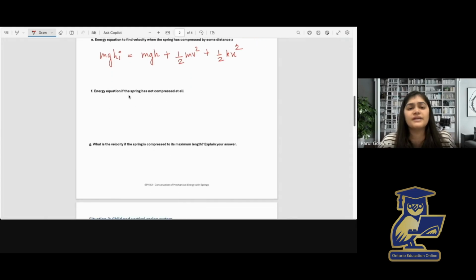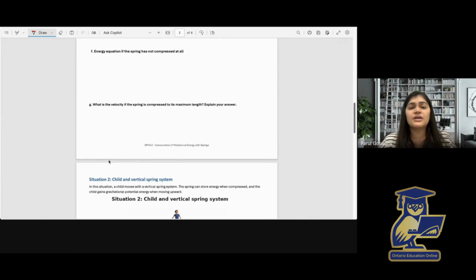Now we have to write the energy equation if the spring has not compressed at all. Of course, if the spring has not compressed at all, it means x equals 0, so elastic potential energy is 0. No compression means x is 0, which implies half kx squared, which is our EPE, is also 0. Since EPE is 0, at this point the energy is mainly gravitational potential energy and kinetic energy.